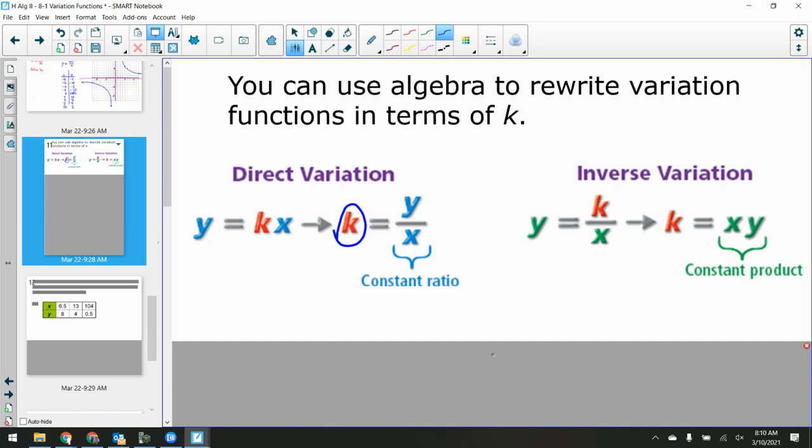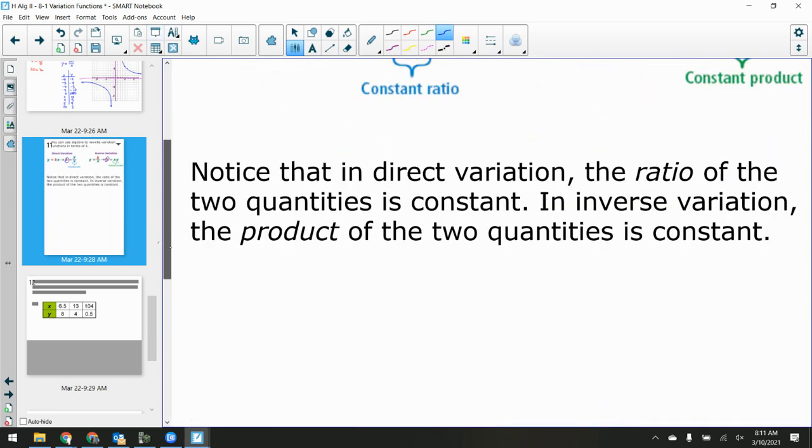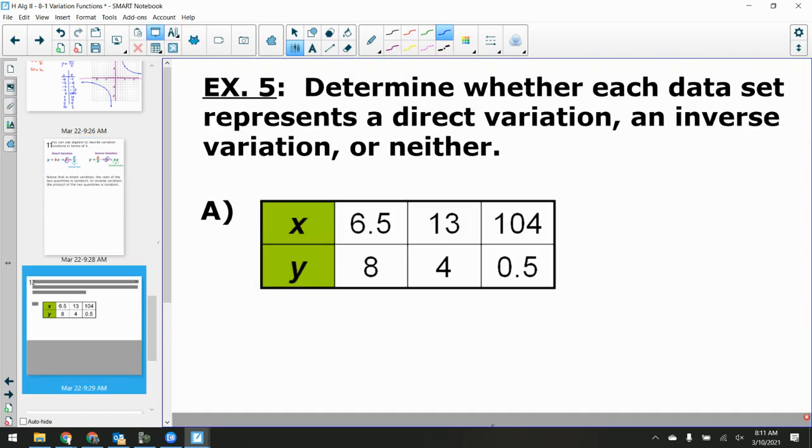What we can see is either a constant ratio or a constant product, depending on if it's an inverse or direct variation. If I give you a table of values, you can tell whether that's going to be a direct or inverse variation just by taking either y times x or y divided by x.